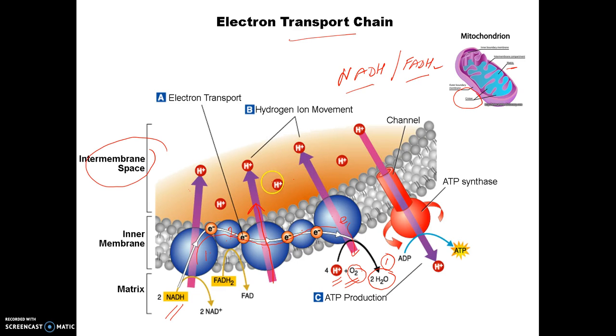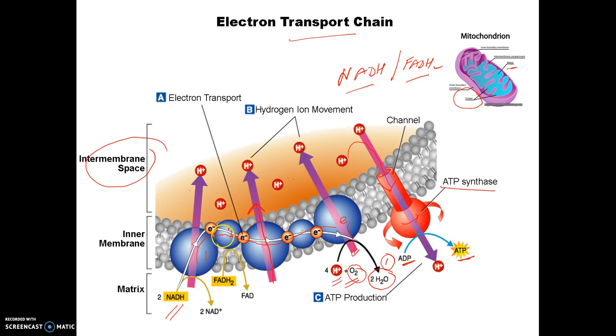So you will see a whole bunch of hydrogen accumulate in the intermembrane space. Okay, now all the hydrogen, there's only one way to go through. It's this molecule called the ATP synthase. And as the hydrogen passes through the ATP synthase, there is a motor in here, and this motor twists, turns. In the process, ADP is converted into ATP.